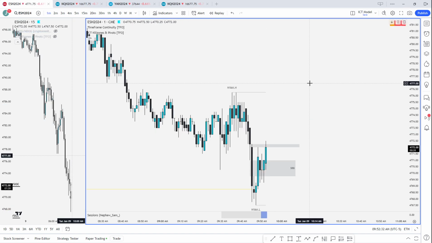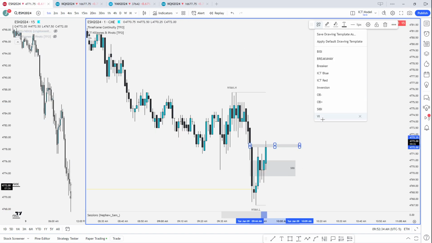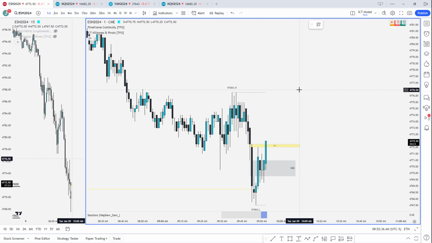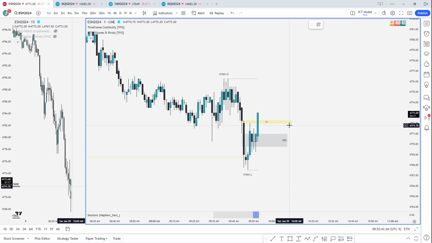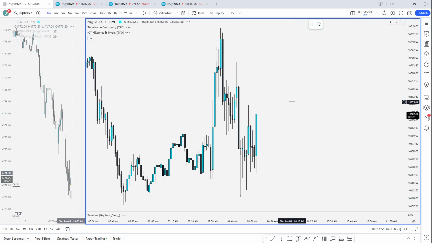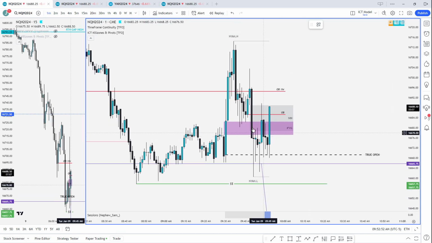Let's look at ES. So there's your bottom bounce filled. Order filled. And trading up further into the gap.